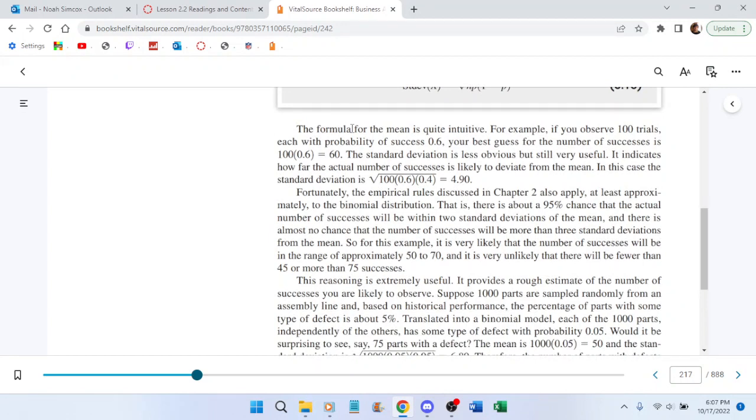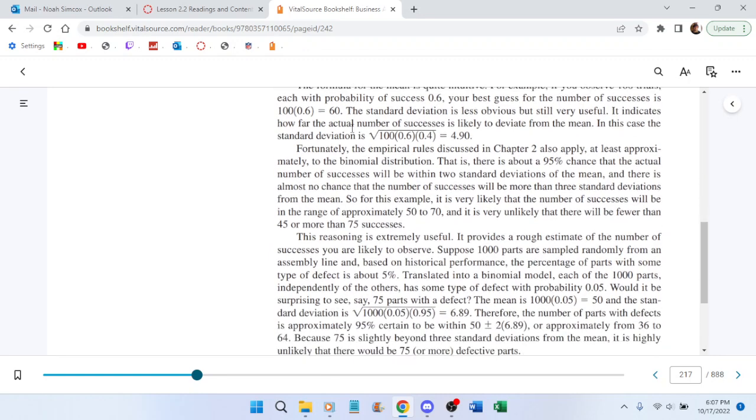The empirical rules, why do they only approximately apply? There's a 5% defect rate. That was funny. The mean is 50.